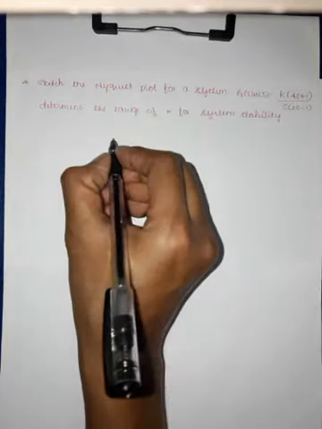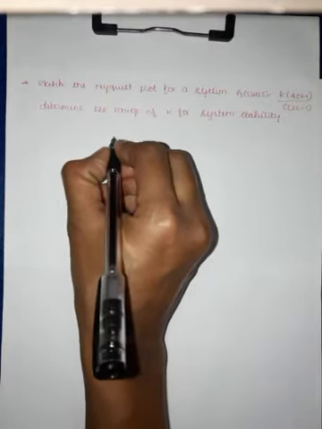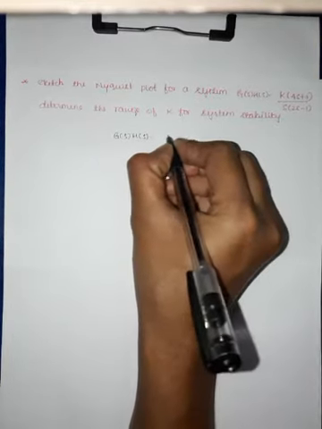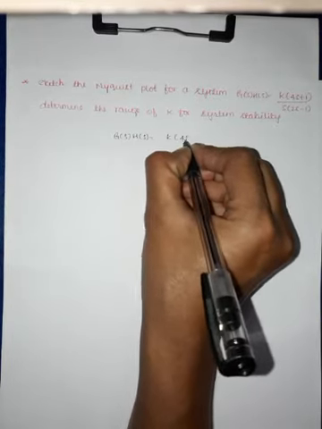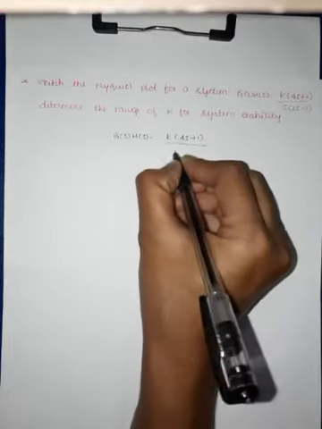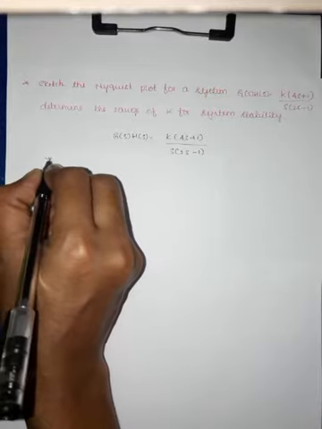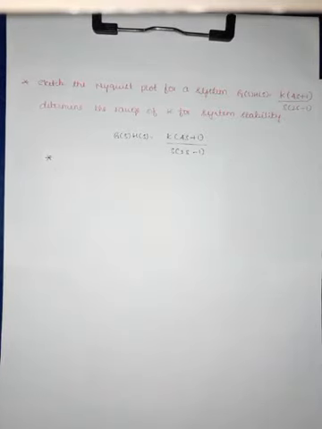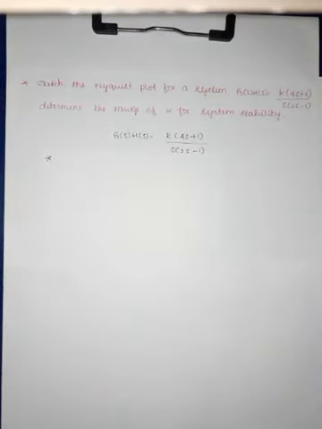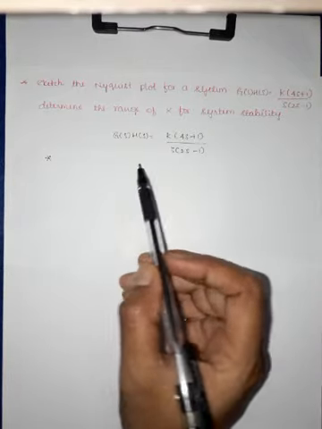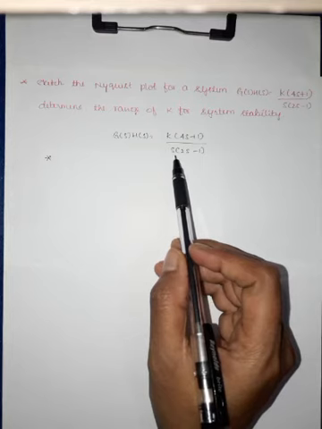First we need to consider the open loop transfer function, that is G(s)H(s) = K(4s + 1) / (s(2s - 1)). First we need to identify the number of poles present on the right side of the s-plane. In the open loop transfer function of the given system, we have two poles.